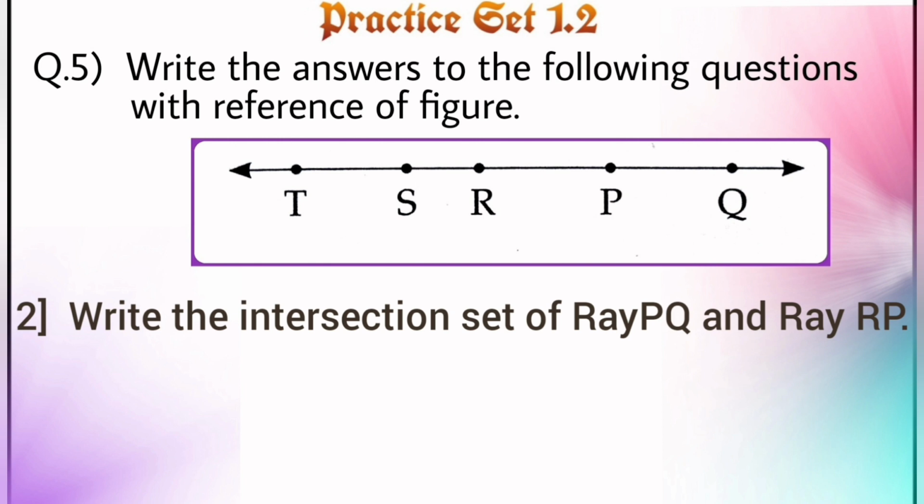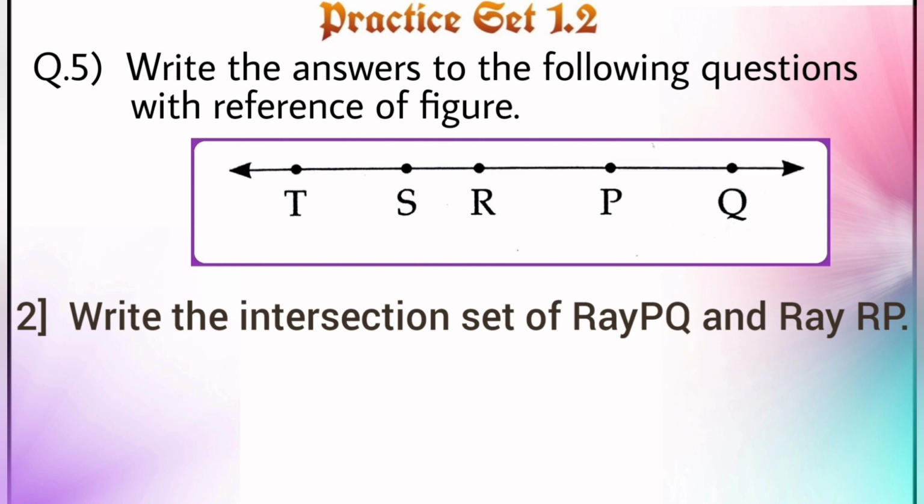Here PQ has elements P and Q. The endpoint is P and after Q there is an arrow, which means there are many points there. In ray RP the endpoint is R and after P there is an arrow, but between that arrow and point P there is also point Q present.